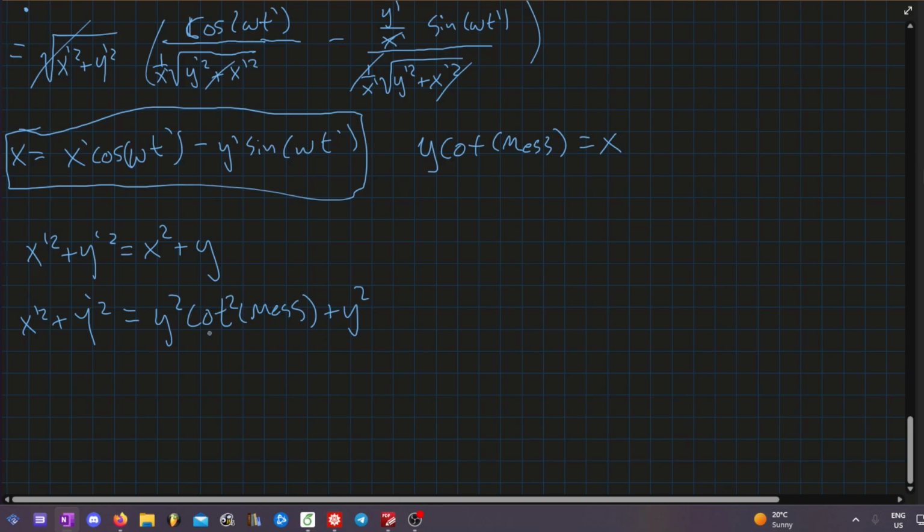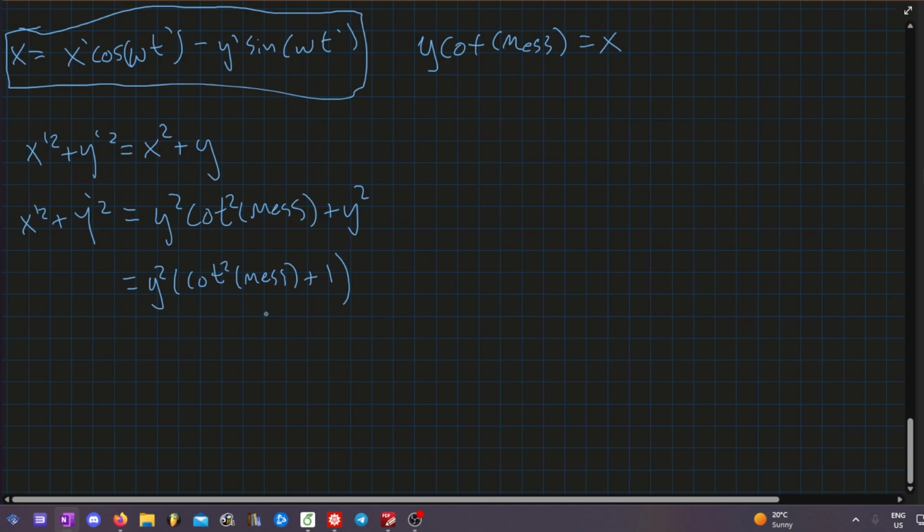We can factor out the y squared. And then this means that y squared is x prime squared plus y prime squared over cot squared of the mess plus 1.